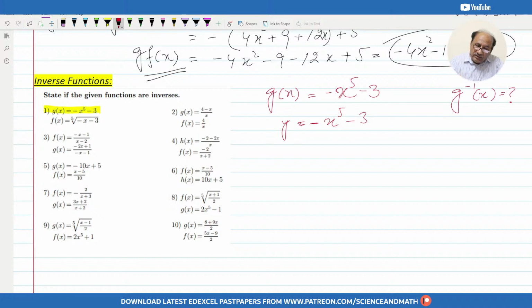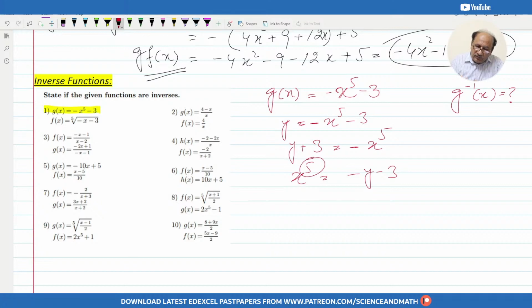This minus 3 we will shift first to the other side, resulting in y plus 3 equals minus x raised to 5. Further we can multiply by minus on the other side. So x raised to 5 will be equal to minus (y plus 3), or otherwise we can directly write minus y minus 3.